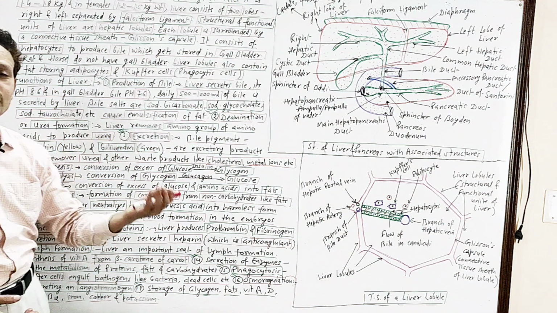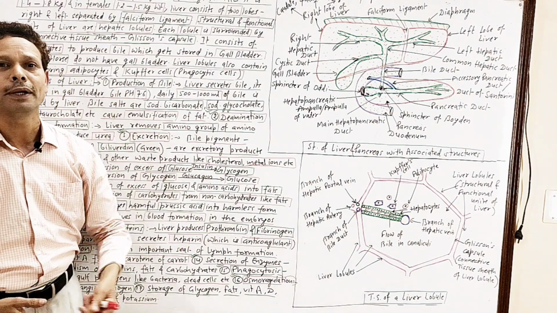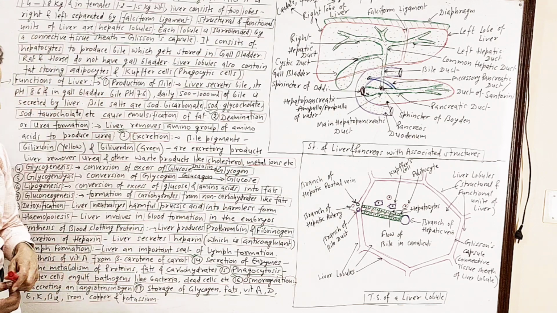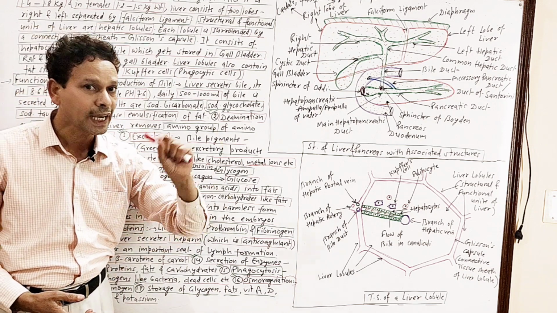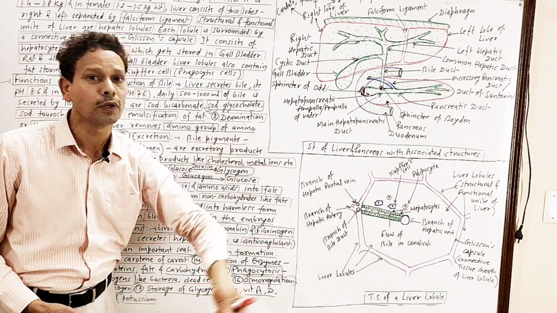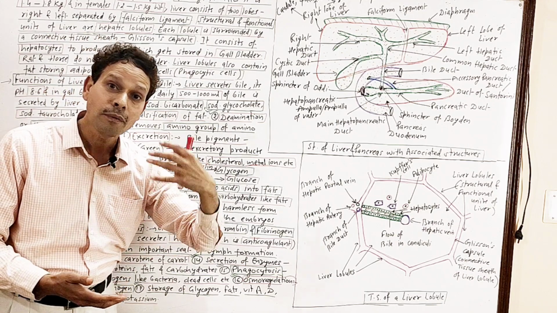Lipogenesis. Synthesis of fat, synthesis of lipids from excess amino acids and glucose. Liver is also involved in gluconeogenesis. Children, glycogenesis means synthesis of glycogen from glucose, means synthesis of glycogen from carbohydrates.